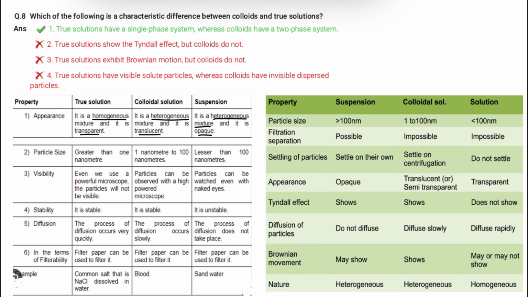That is, a true solution is a single phase system, whereas colloidal systems are two phase systems. Option 1 is correct.